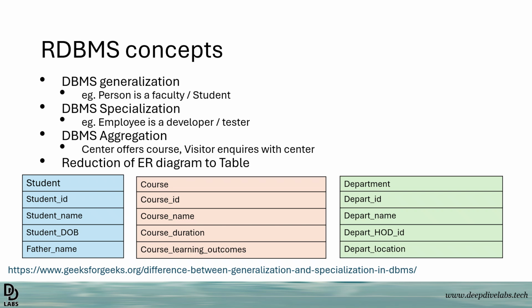Finally, you get the table aspect of it. So now you have a student table that corresponds to the student entity, a course table and a department table, and each of them has multiple attributes associated with it. Just to quickly refresh, each of these attributes can be composite attributes, there could be multi-valued attributes, etc. as well.